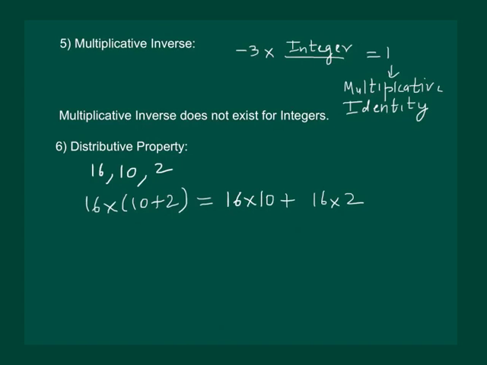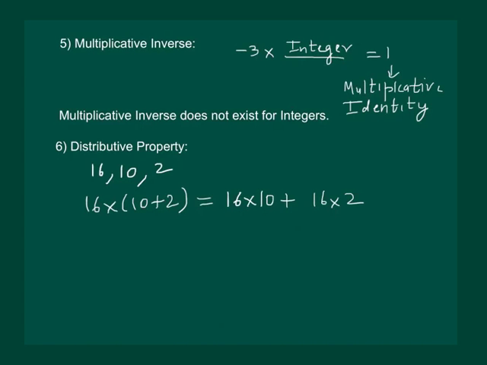It is important to notice that we can open the bracket by multiplying 16 with 10, then keeping the sign plus and then multiplying 16 with 2.